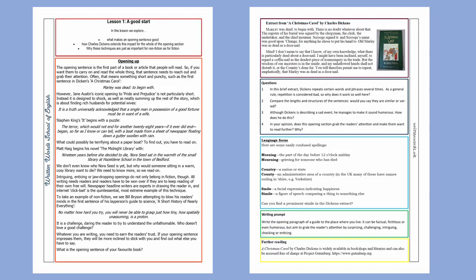Do download the worksheet for this lesson, which includes the points we've discussed, as well as the extract we read, some questions to get you thinking, the writing prompt, and a couple of ideas for some further reading.